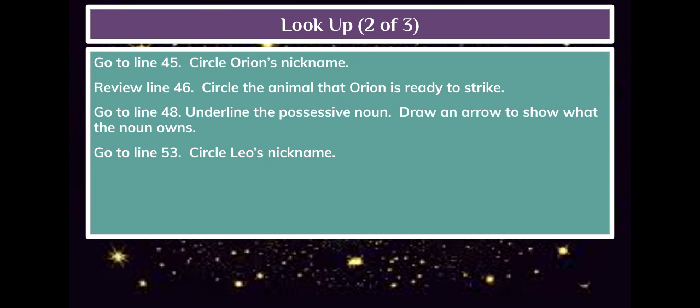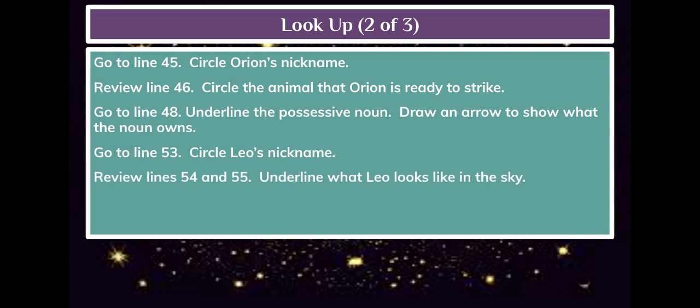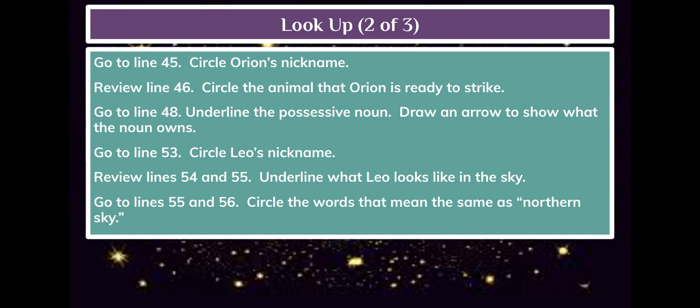Go to line 53. Circle Leo's nickname. Review lines 54 and 55. Underline what Leo looks like in the night sky. Go to lines 55 and 56.